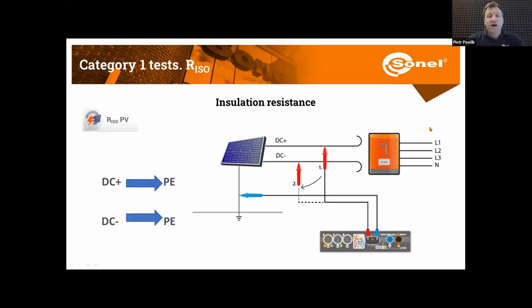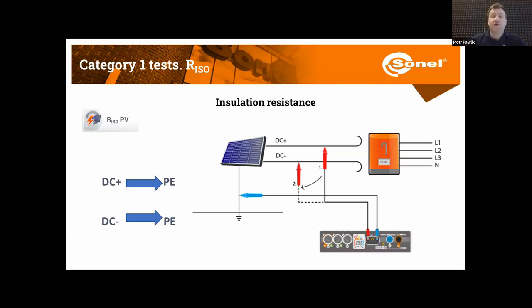Okay, now how to approach these tests? Normally we cannot measure resistance of objects which are under voltage. So we will not be able to check resistance between DC plus and DC minus, because as long as we have the sun, the panels produce energy, and there will be voltage between plus and minus. So how do we approach this test?